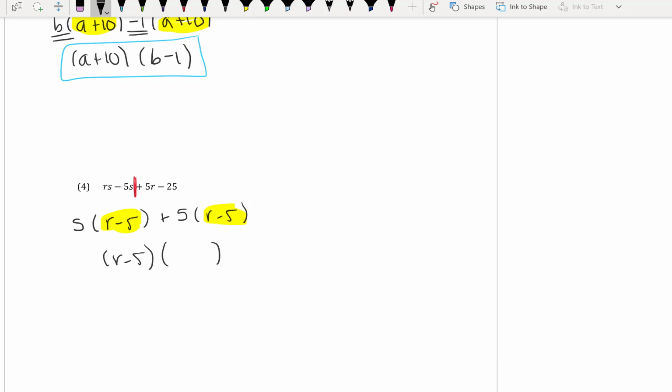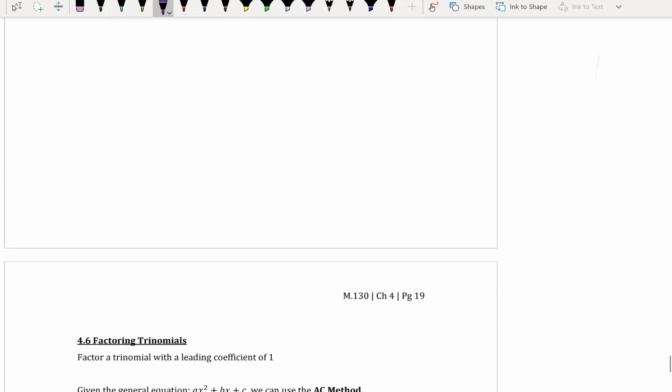Now my leftover parentheses is s plus 5. I'm going to make this a little nicer so you know that this is a 5. Okay, and that will be my final answer.